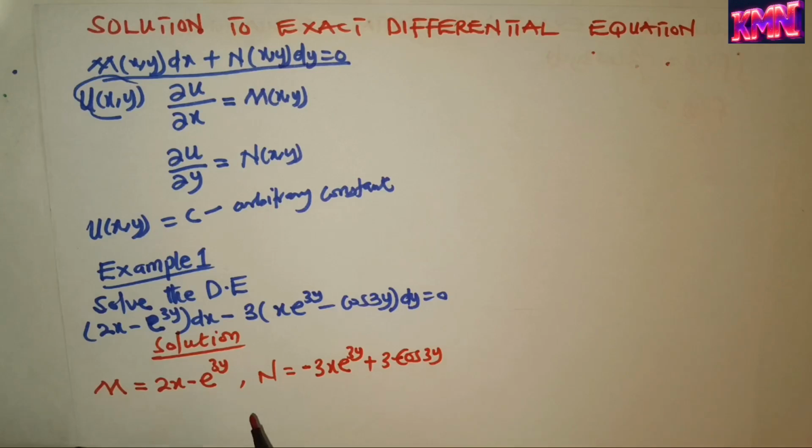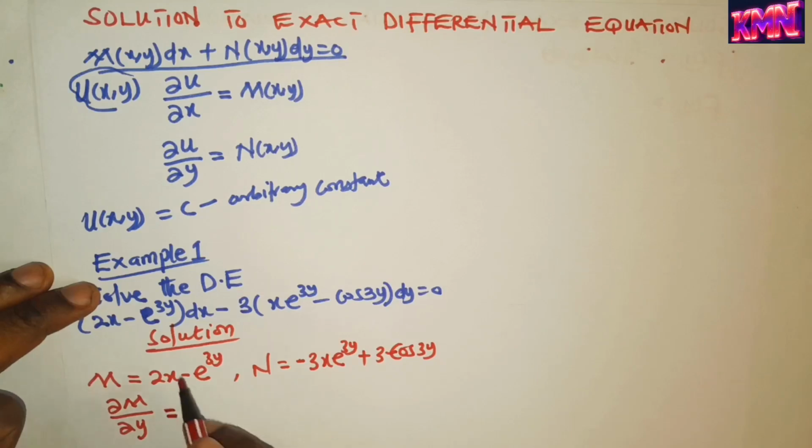At this stage, we need to find out whether this differential equation is exact or not. In doing so, we find the partial derivative of M with respect to y. The 2x goes to 0, and the e power 3y maintains the function times ln of the base, that is ln e, which is 1, times the derivative of the inner function, that is 3.